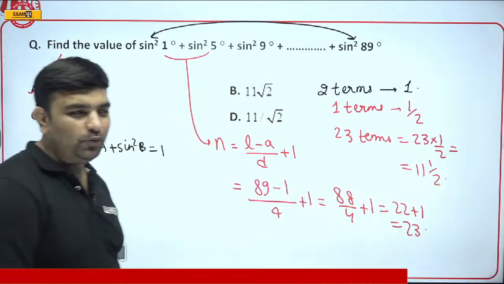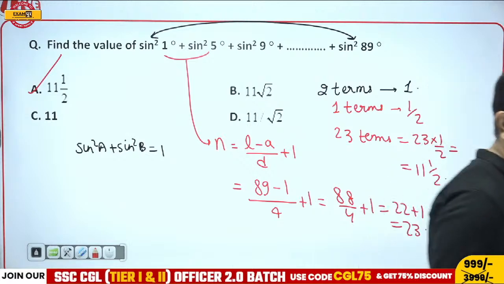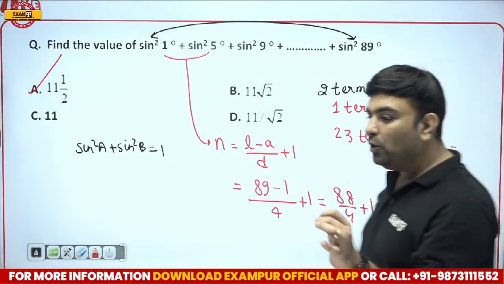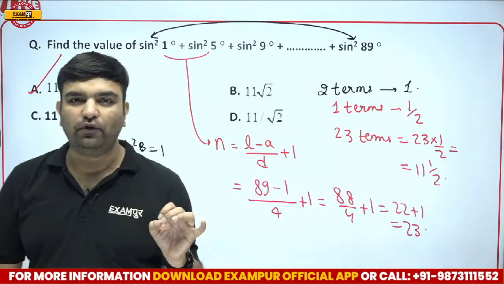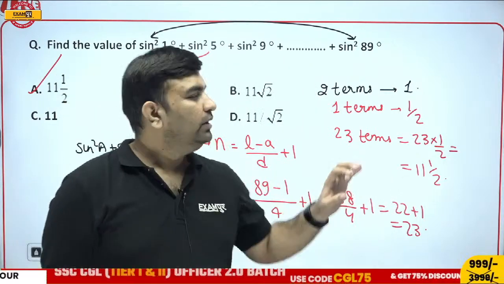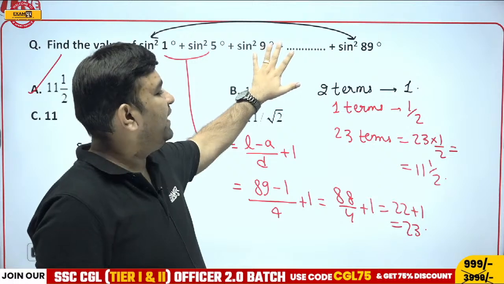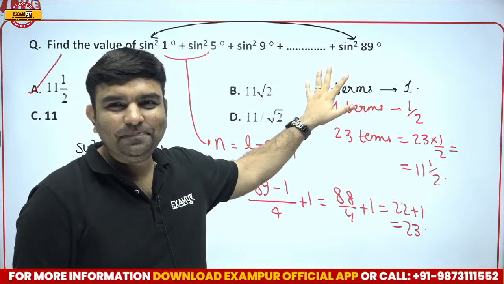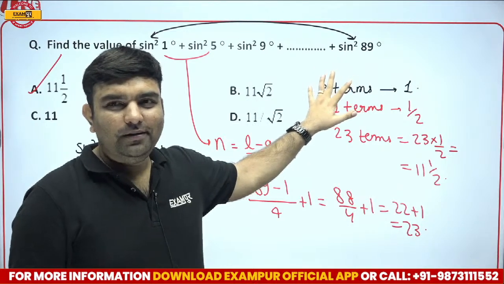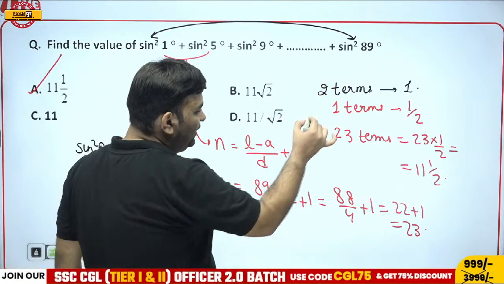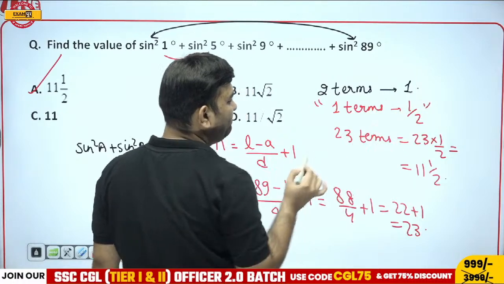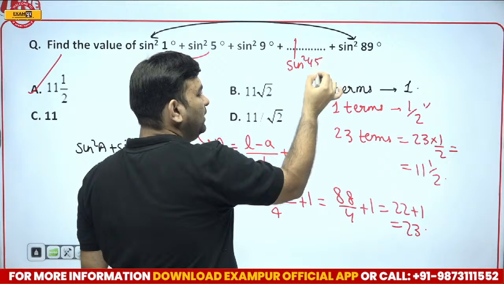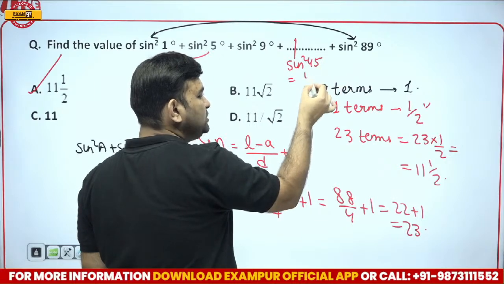Okay, I hope you must have enjoyed it. The people who are interested in sine square 45, let me tell you, sine square 45 is already included. Do you know how? Because I've taken one term as equal to 1 by 2. So sine square 45 would be somewhere in between, and the value of sine square 45 is also 1 by 2.